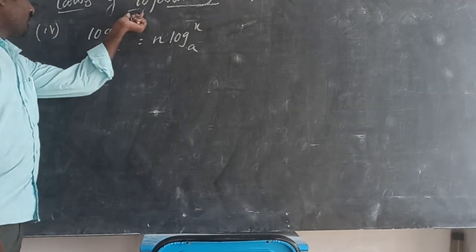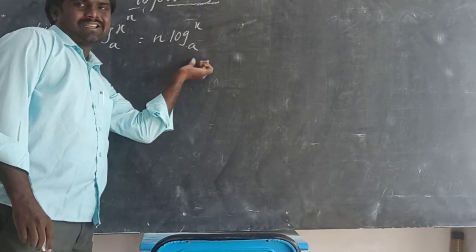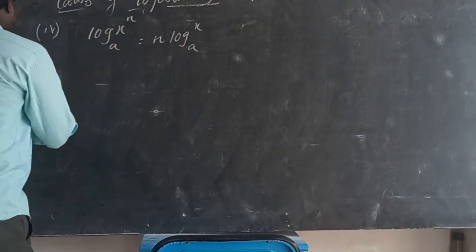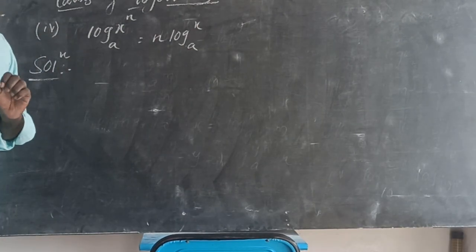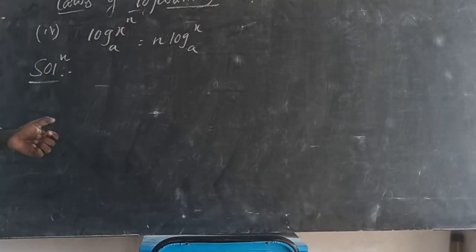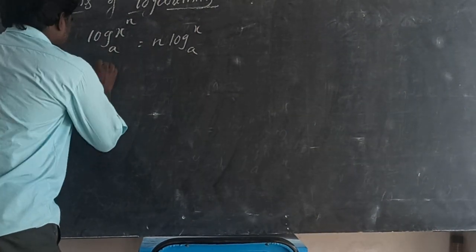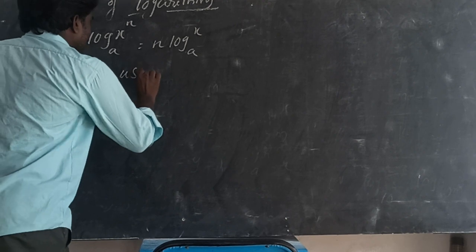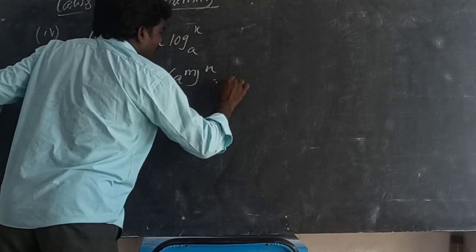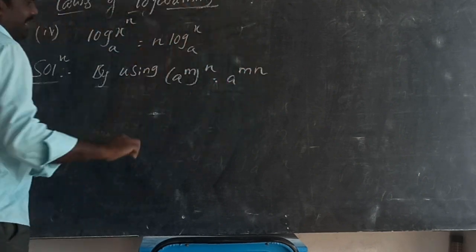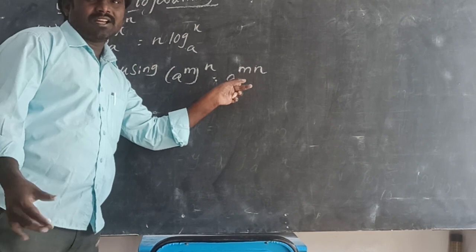For this proof, we can use the laws of exponent: a power m whole power n is equal to a power m into n. Here m into n is nothing but n into m.